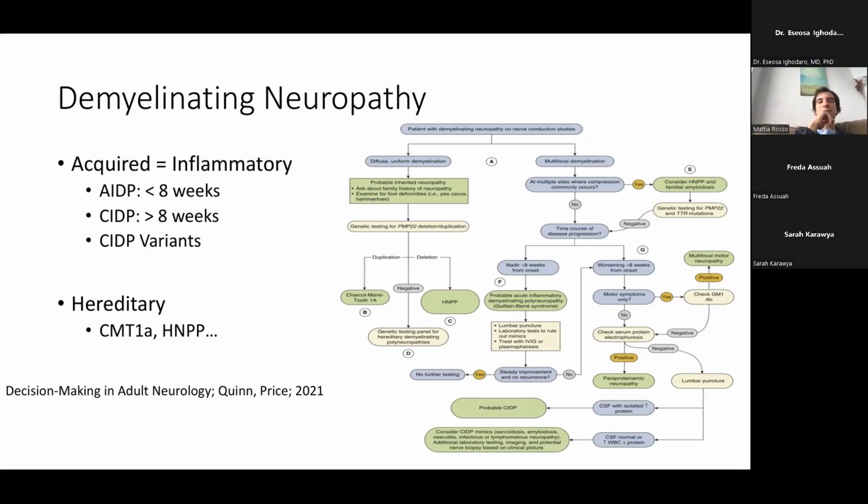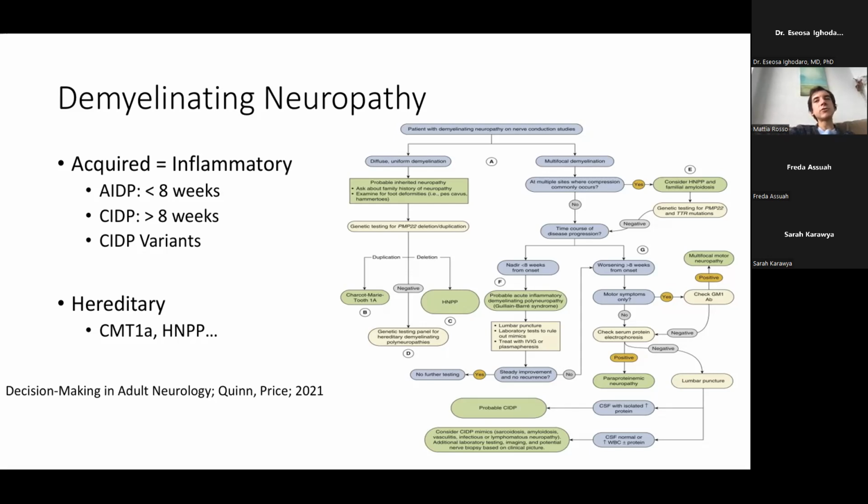So we'd expect the protein to be high and the white count, or the CSF whites, to be normal, and that's called albuminocytological dissociation. It's really a mouthful, but it's a really important finding to see in GBS, and that would give us further evidence of this.